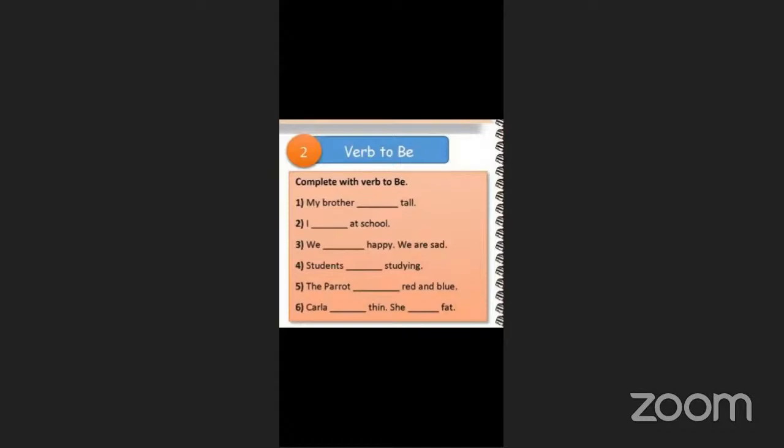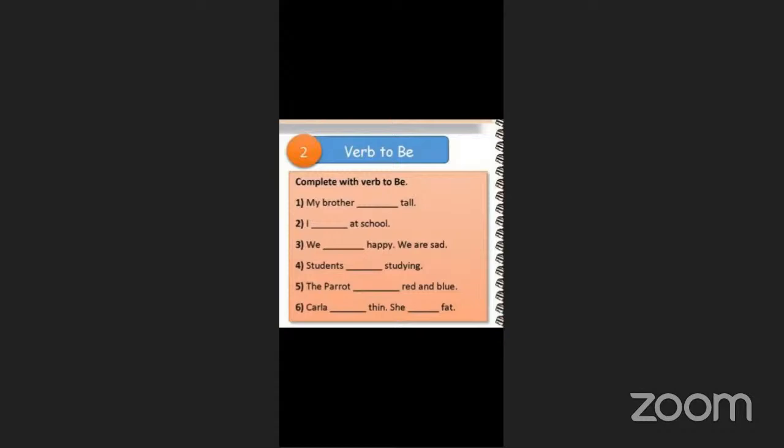We are happy. Number 4, students. That's in plural form, students. So there you have to use the be verb are. Students are standing.